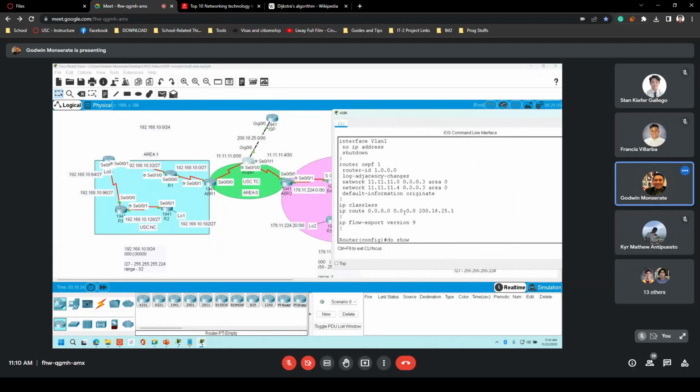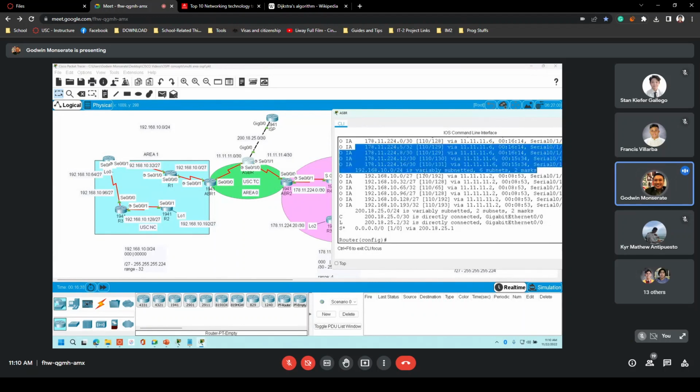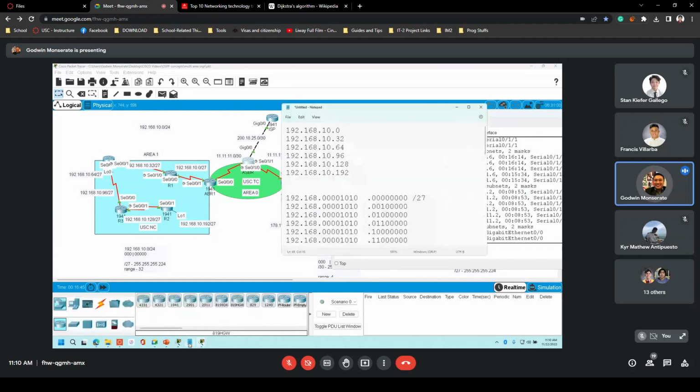Do show IP route. Because the two networks in the OSPF area converge here, the 192 and 178. So we will summarize them. For the summary, just follow the instructions.